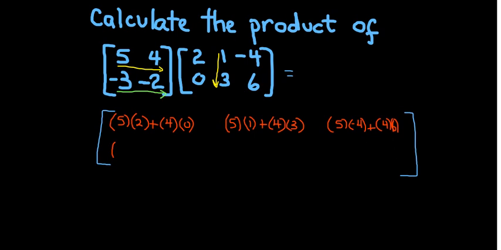Alright, so this is minus 3 by 2, minus 3 by 1, minus 2 by 3, and then the final one.